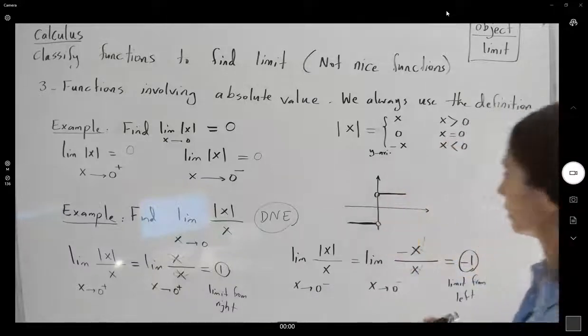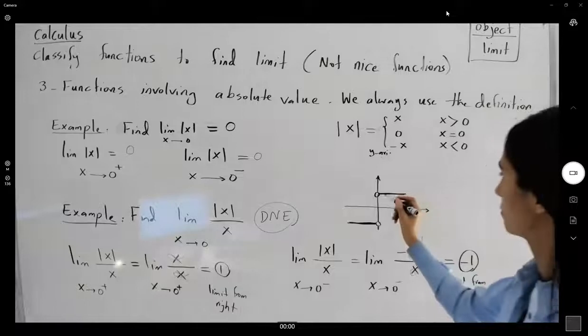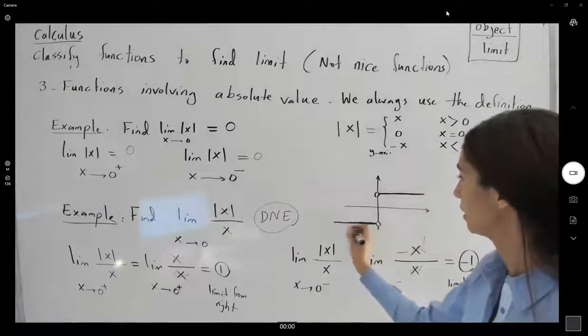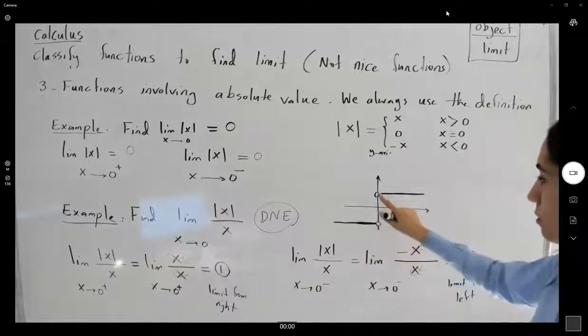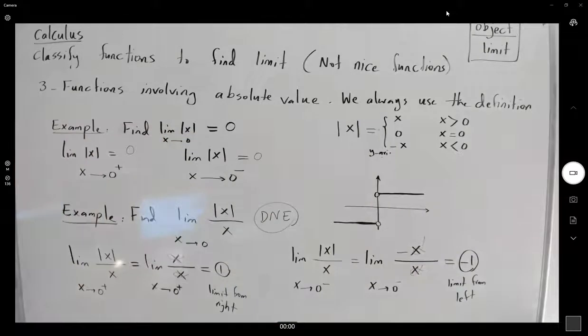This is the graph of this function. We have 2 line segments, and we have to exclude 0 and 0. So as you can see, the limit doesn't exist at 0. There you go.